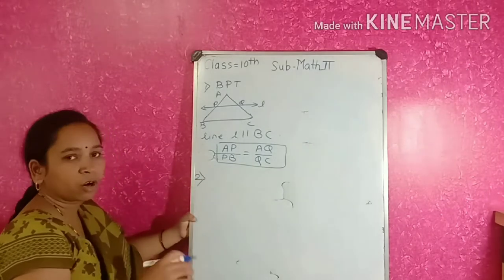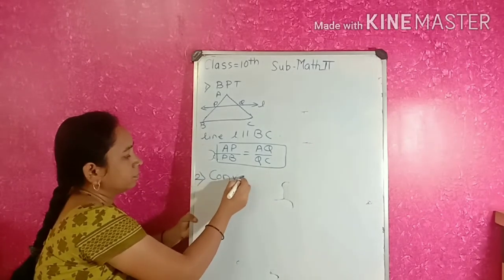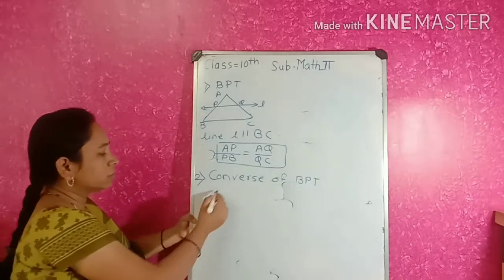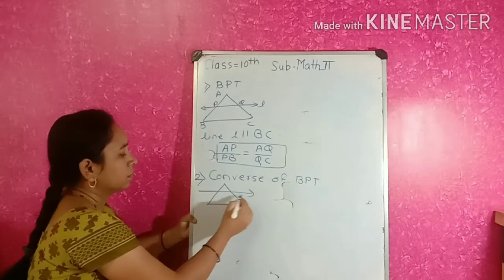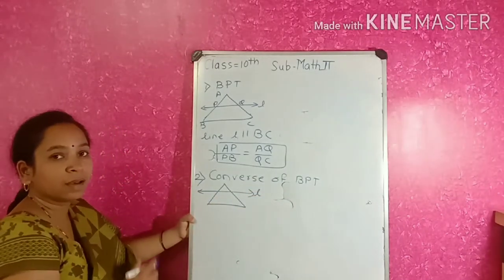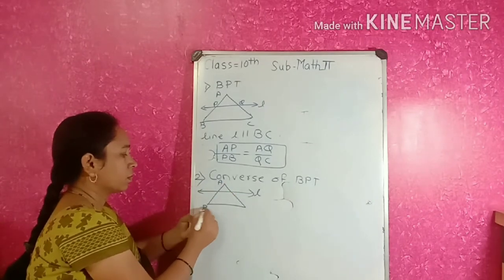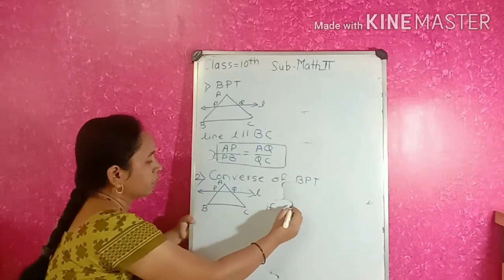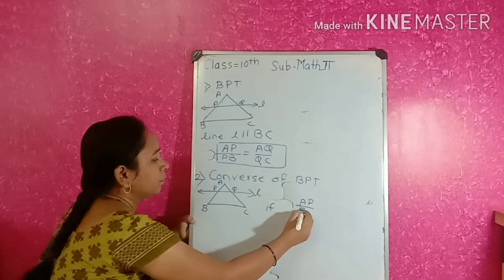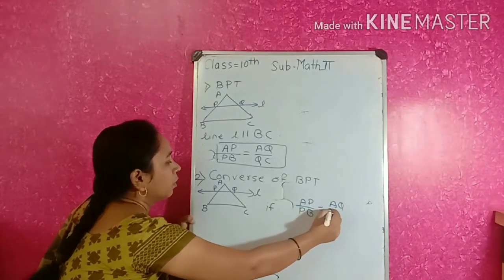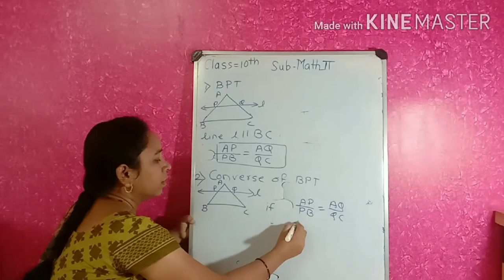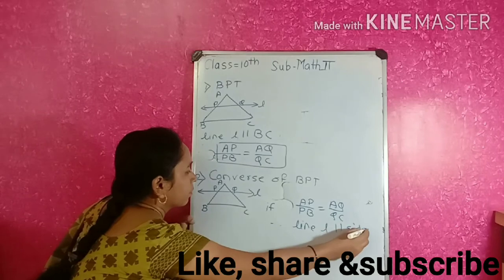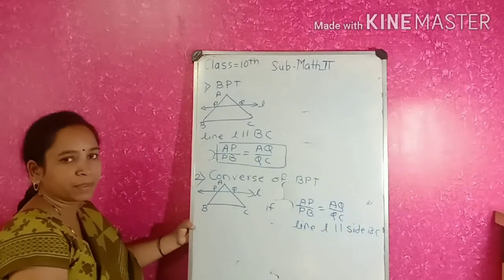Next we have studied the converse of BPT. It will help you to prove the line is parallel. Means if AP upon PB is equal to AQ upon QC, therefore line L is parallel to side BC by converse of BPT.